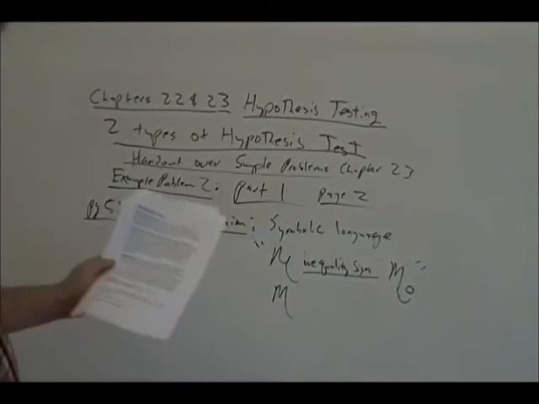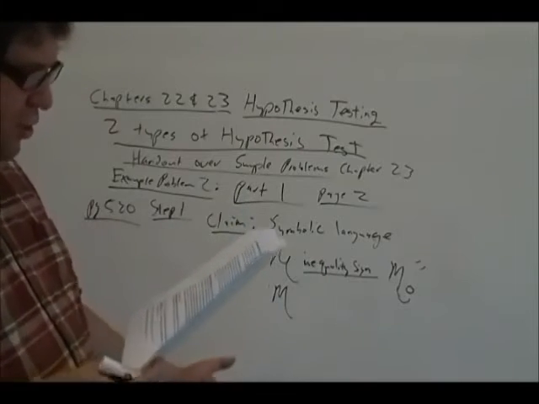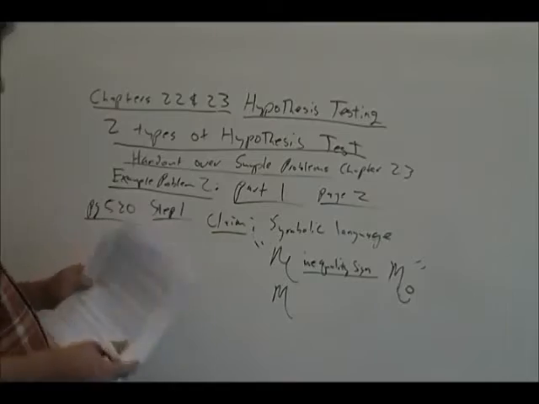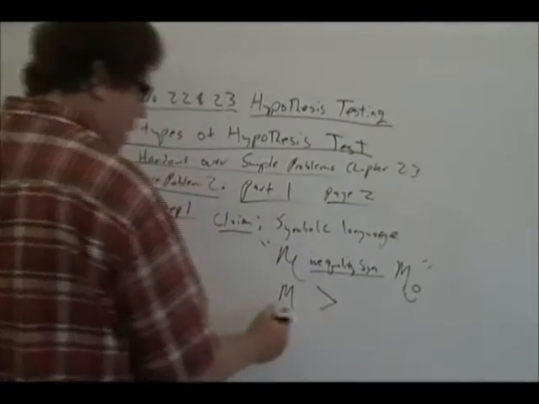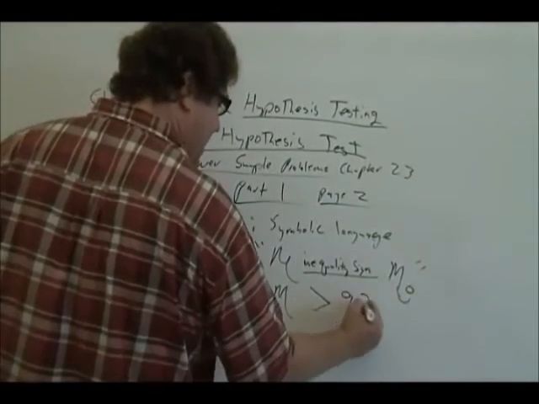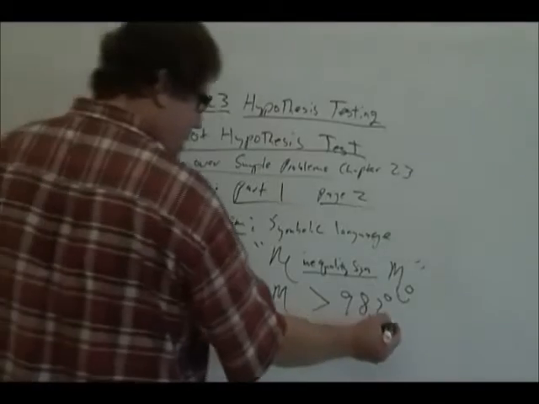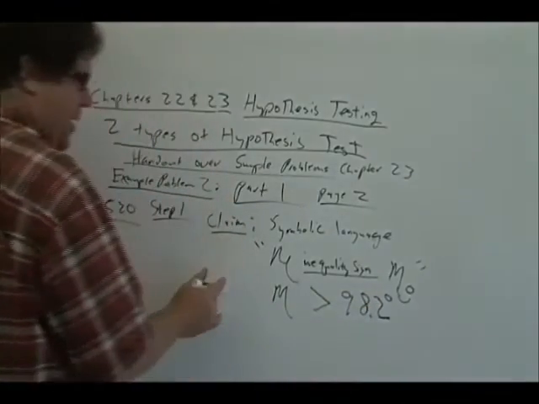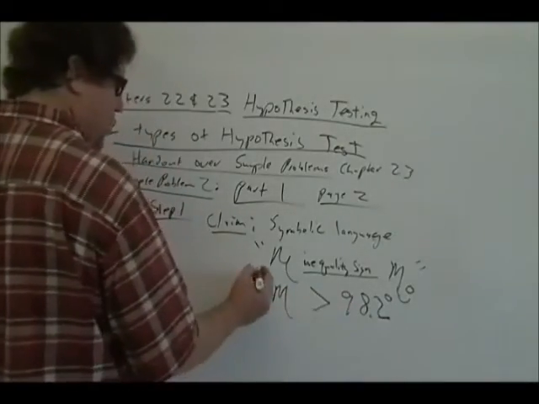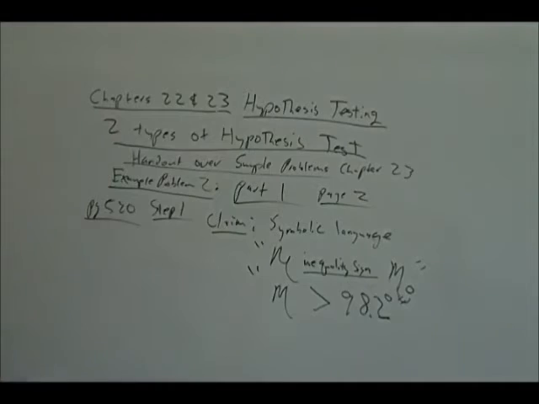Less than or greater than? They said greater than. If you say larger than, greater than, any of those words, you use a greater than symbol. Our mu naught here is 98.2 degrees, and our statement for the claim in symbolic language is mu greater than 98.2.